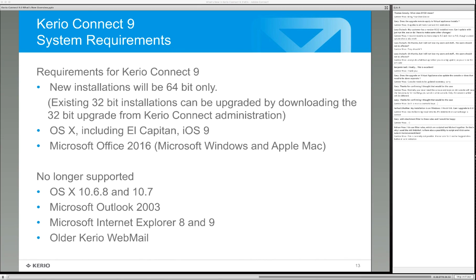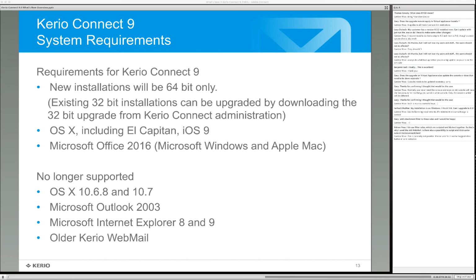So now let's take a look at the system requirements for Kerio Connect 9, because there are a few things that have changed. So first, take note that we're making steps to support only 64-bit installations. So we want all new installations to be 64-bit installations. For our partners and customers who have 32-bit installations today, they can upgrade to version 9 as a 32-bit upgrade if they go to the Kerio Connect administration and do it from there.